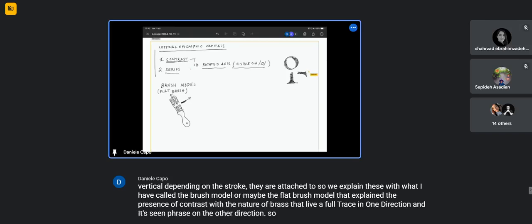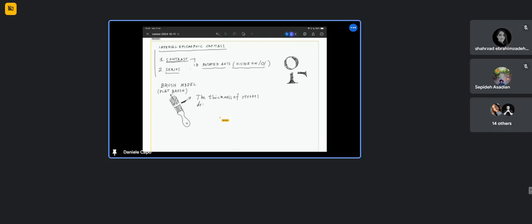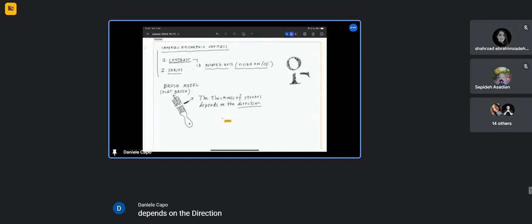So we can say that the thickness of strokes depends on the direction of the brush.